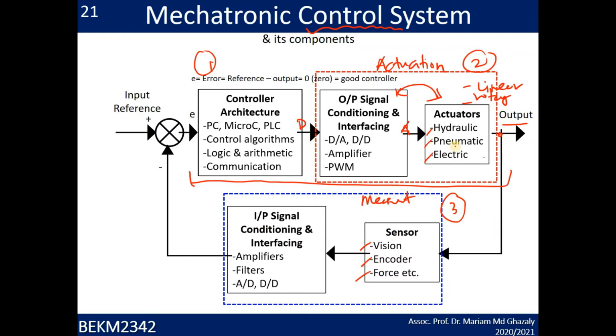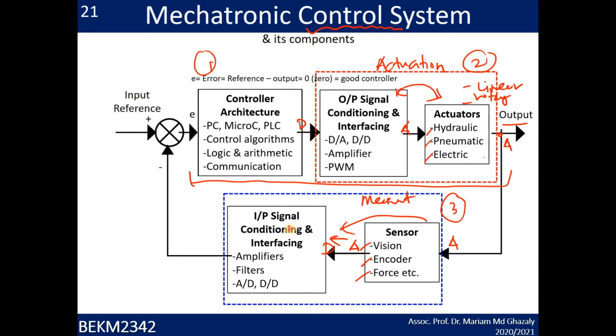And from here you have the output in terms of analog, and this sensor will read the data in analog. In order for you to feed it back to the input reference, you need to convert this from A to D. So this is where you have the A to D converter.